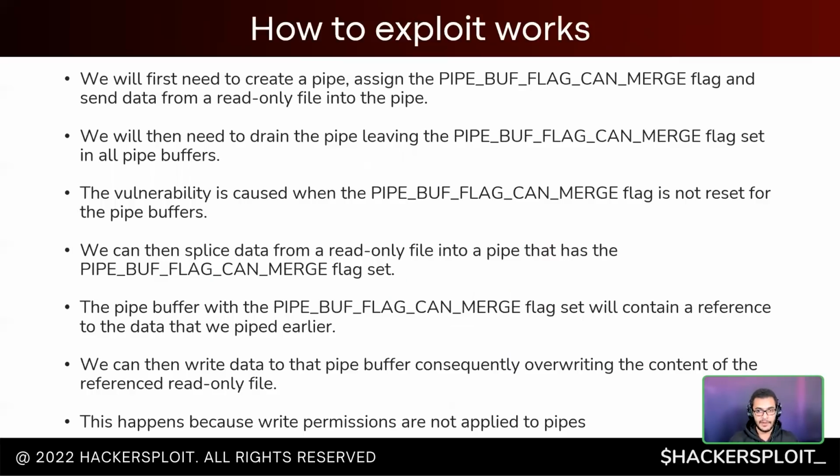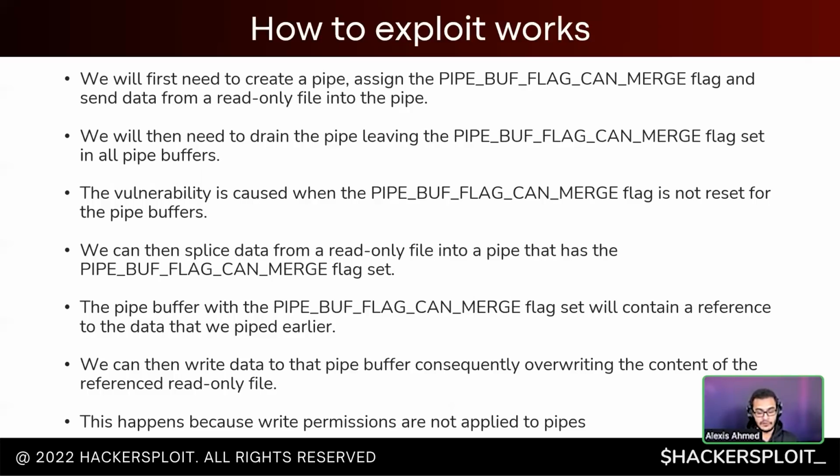It then assigns the PIPE_BUF_FLAG_CAN_MERGE flag and sends data from a read-only file into the pipe, right? The exploit then drains the pipe, so clears out all the data, leaving the PIPE_BUF_FLAG_CAN_MERGE flag set in all the pipe buffers. So the vulnerability is caused when this flag is not reset for all the pipe buffers.